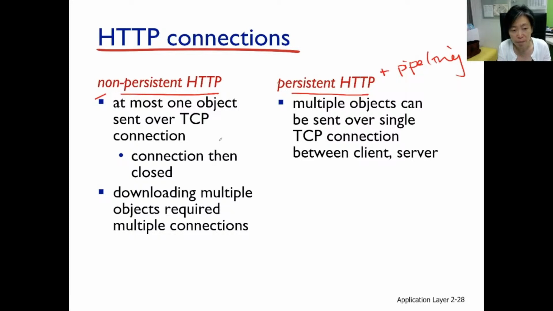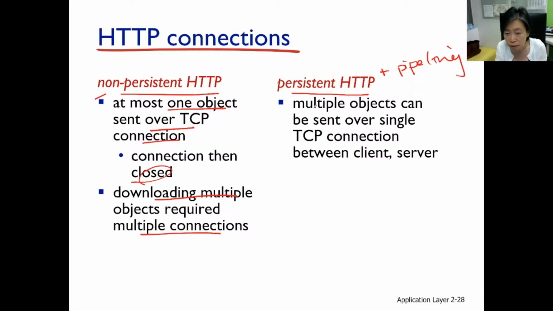In that, you send 1 object per TCP connection. So the client and the server set up a TCP connection, and then you send 1 HTTP request, you get 1 web object, and then you close the connection right after that. So to download multiple objects, you need to create multiple connections, one after another, sequentially.